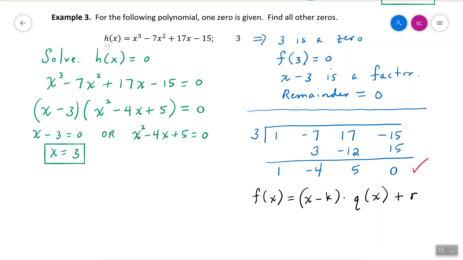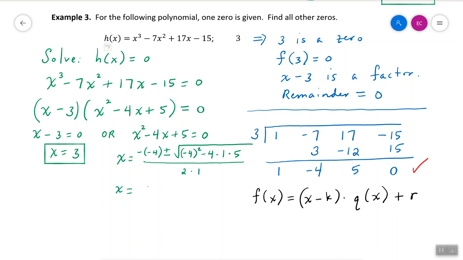Of course, when we have a quadratic, we don't have to solve by factoring. Factoring is nice, but it doesn't always work. So we fall back on the quadratic formula. We write x equals negative b plus or minus the square root of b squared minus 4 times a times c, all over 2a.